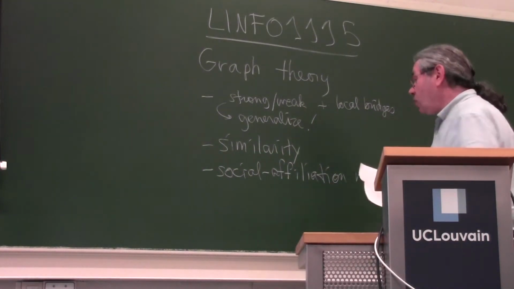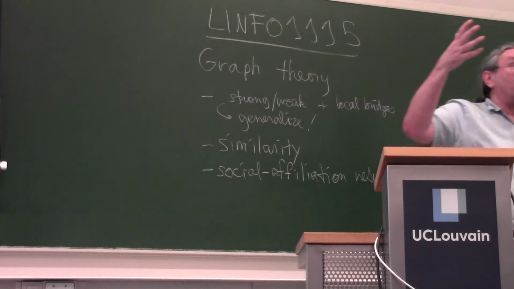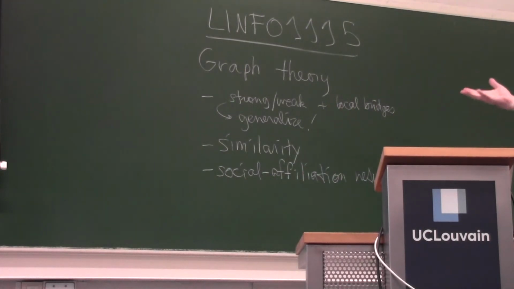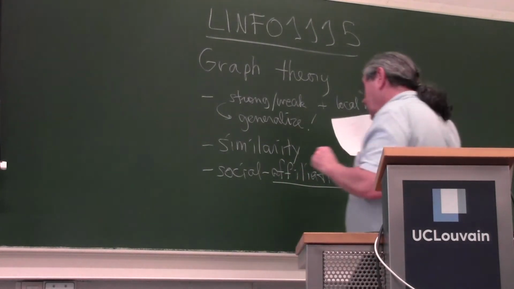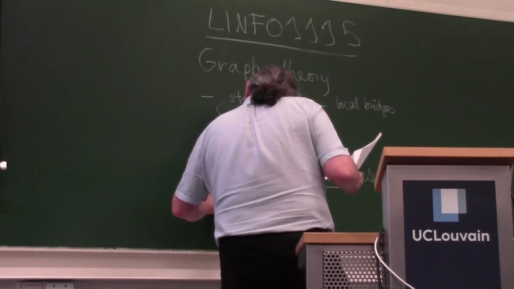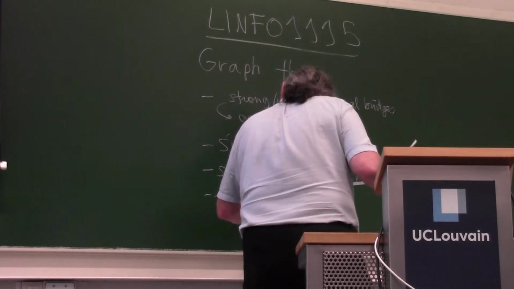A social network is just a graph where you have a link when people are friends. But we want to know why they are friends, so we put something extra in the network. It's called affiliation.